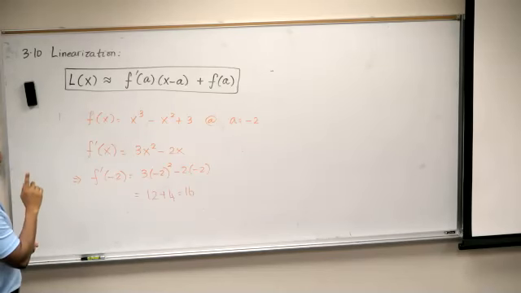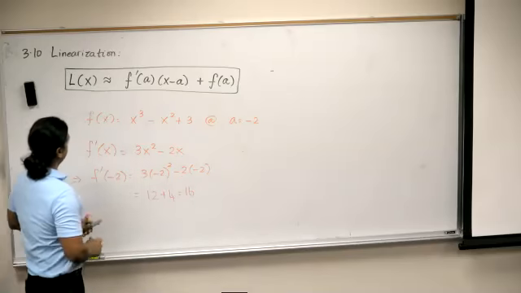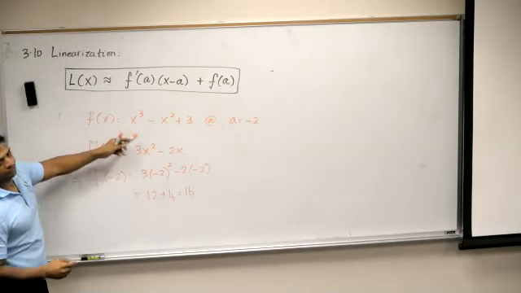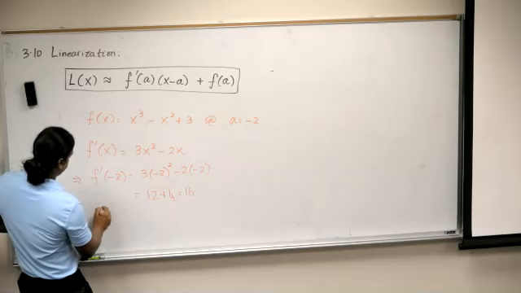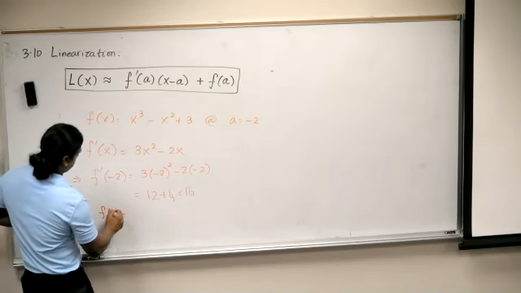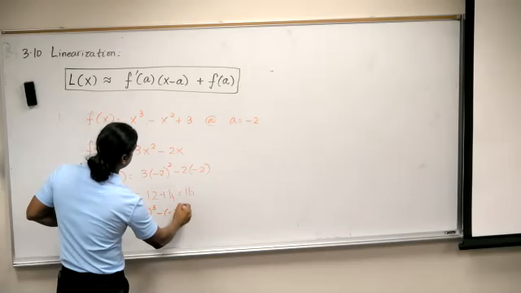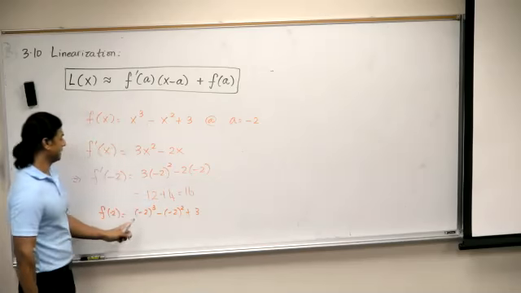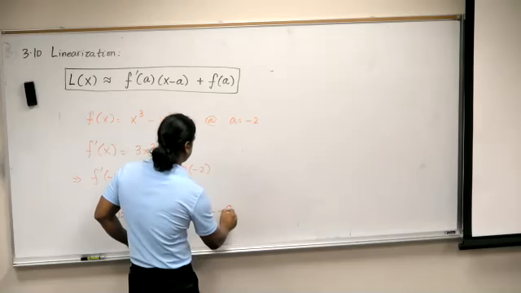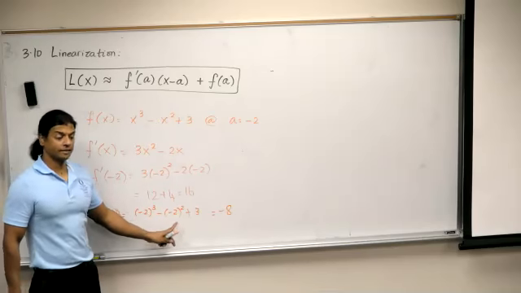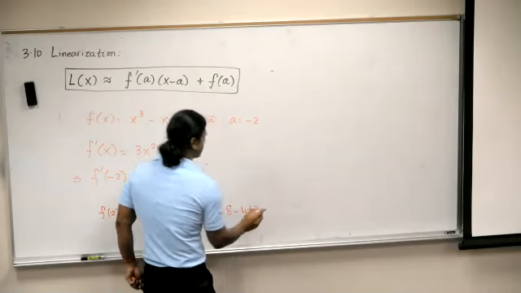Now, we also want to find f of a. So we've got to plug in -2 in the original function. f of a would be -2 cubed minus -2 squared plus 3. -2 cubed is -8. -2 squared is 4, and there is a negative, so -4 plus 3.